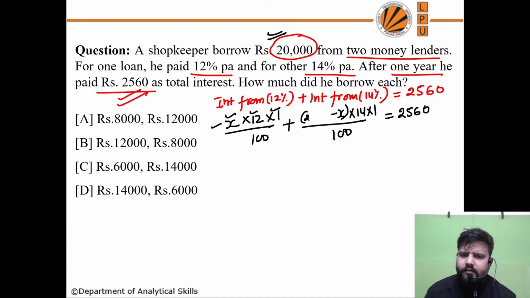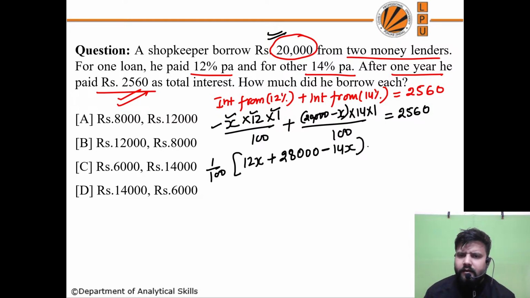Yeah, it is 20,000. Now taking 1 by 100 common, it is 12x plus 14 times 20,000, which is 2,80,000, minus 14x is equal to 2560.